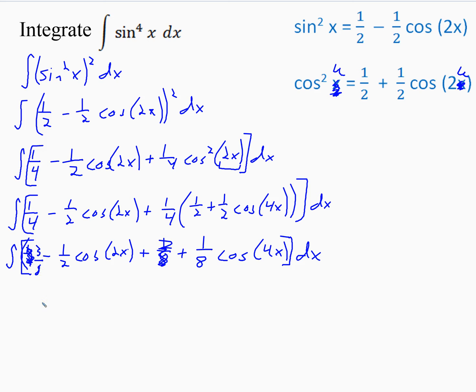And now we can integrate. We have a 3/8, so the integral of 3/8 is 3/8 x. We've done this one before, so if we remember this, it might help us. But let's go ahead, we'll just say we think this is going to be a sine of 2x.